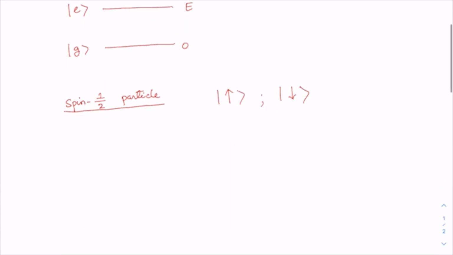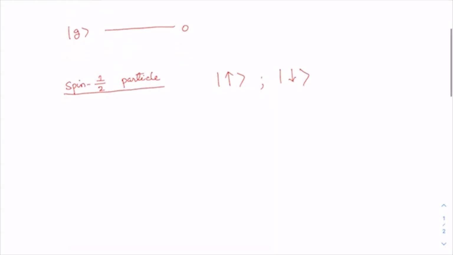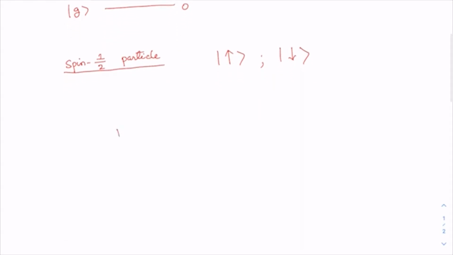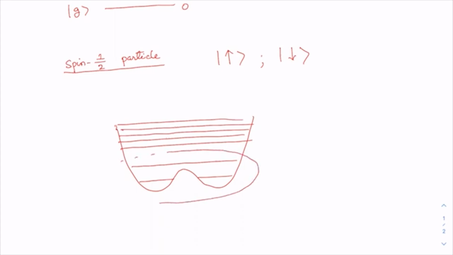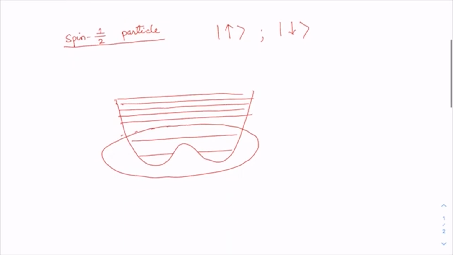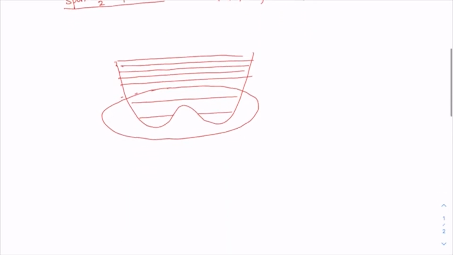And even in the so-called double well potential, if the low-lying two energy levels are well separated from the higher energy levels, we can ignore all these higher energy levels and focus only on the two low-lying states, and we can treat this system as a two-level system.